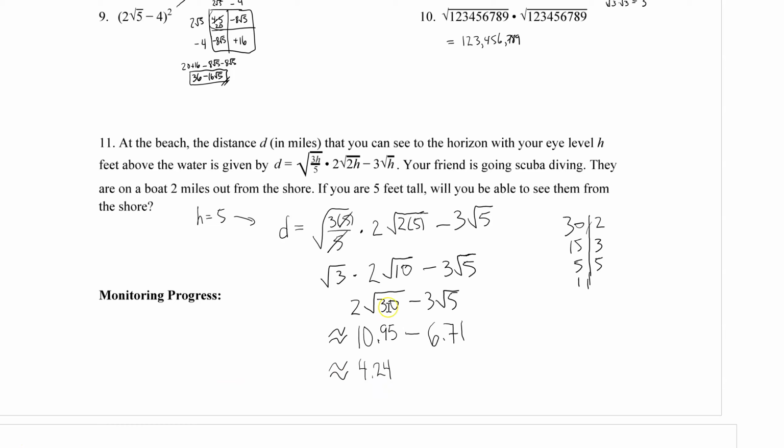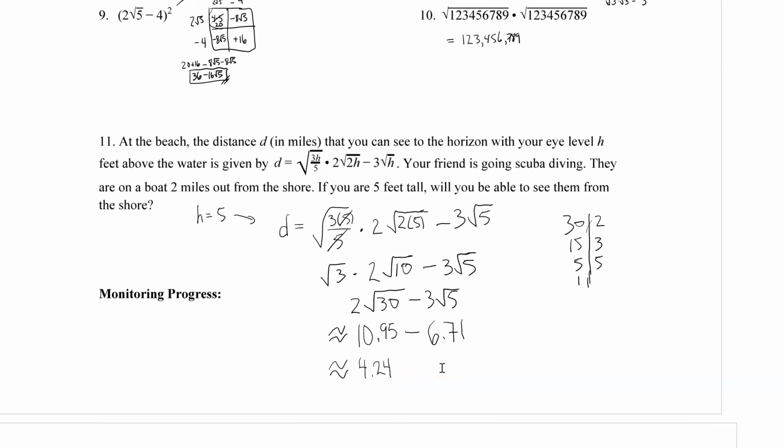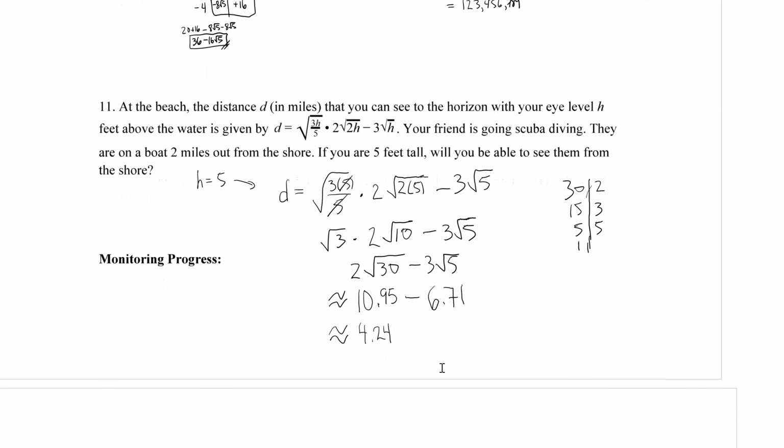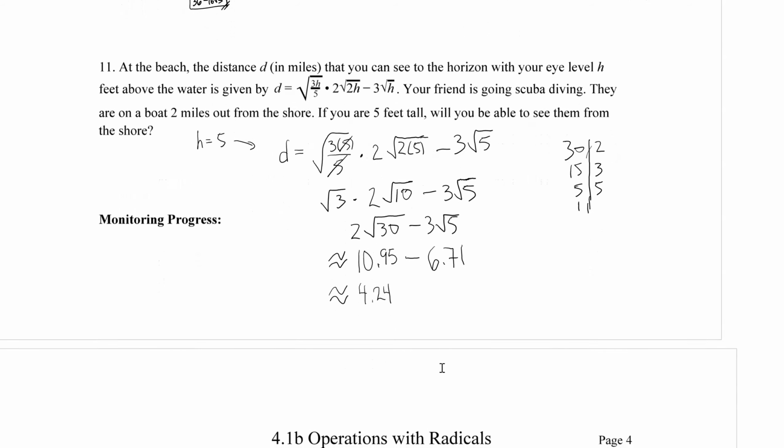So 2 times the square root of 30 is about 10.95, and 3 times the square root of 5 is approximately 6.71. So when you subtract them, you get approximately 4.24. And so 4.24 miles, you should be able to see your friend that's out on the boat that's 2 miles from shore.